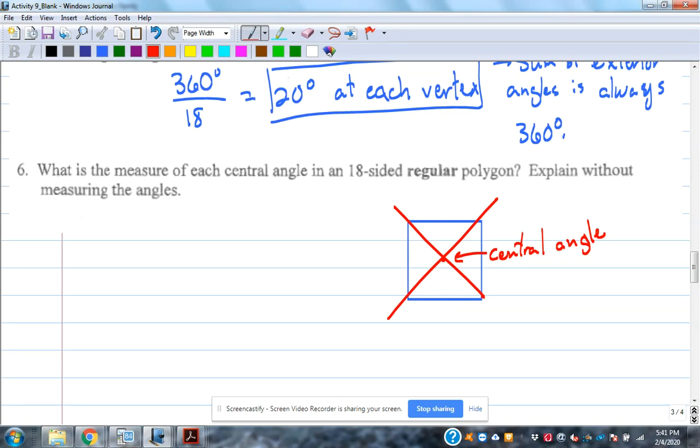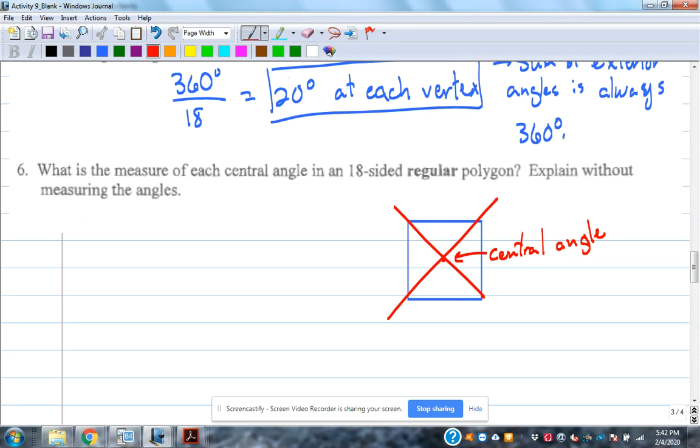If it were a regular pentagon, what would it add up to be to go all the way around? It adds up to be 360. The central angles and the exterior angles all add up to be the same thing. Because to go all the way around the shape, you're going all the way around the circle, right? So all the way around is 360. So that's the reason for that.